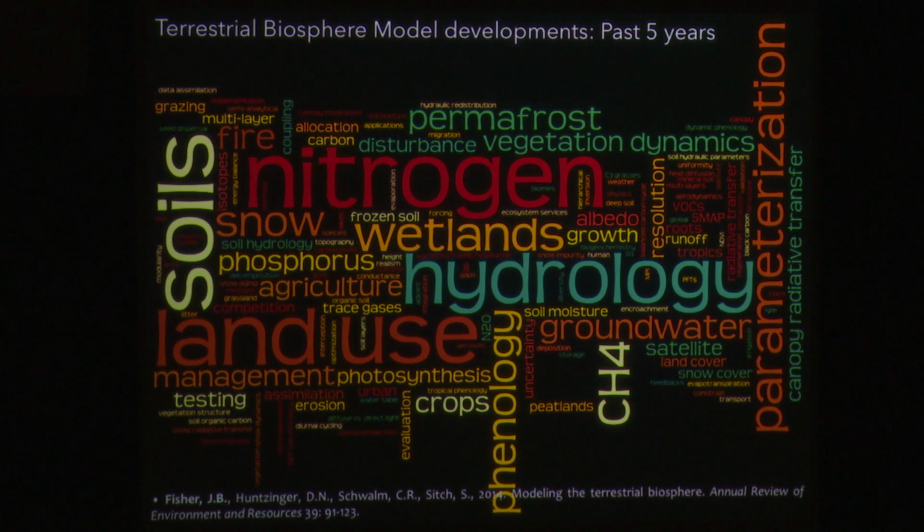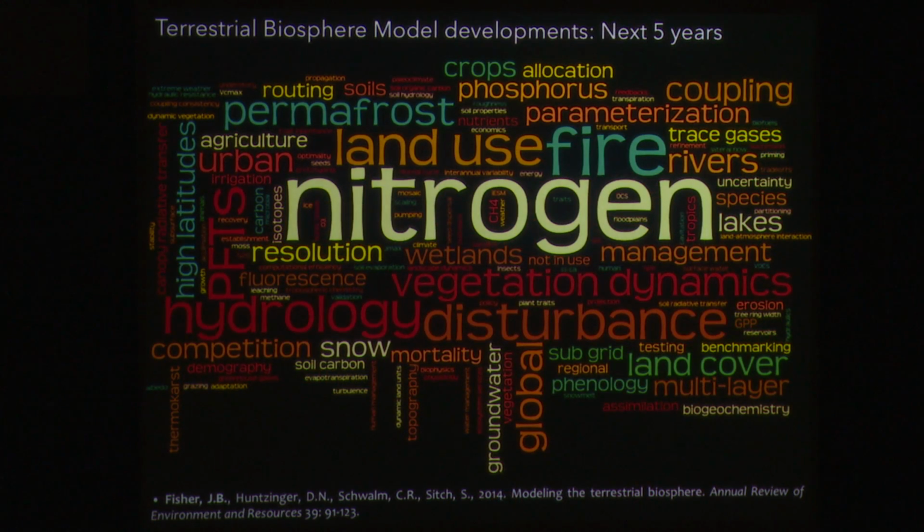You can see in the past 5 years, these are all the processes: soils, nitrogen's there, land use, hydrology. Then I asked them again, what processes do you expect to develop in the next 5 years? And here's that Wordle. So you can start to see where we are in a developmental standpoint of the model processes and the dynamics.